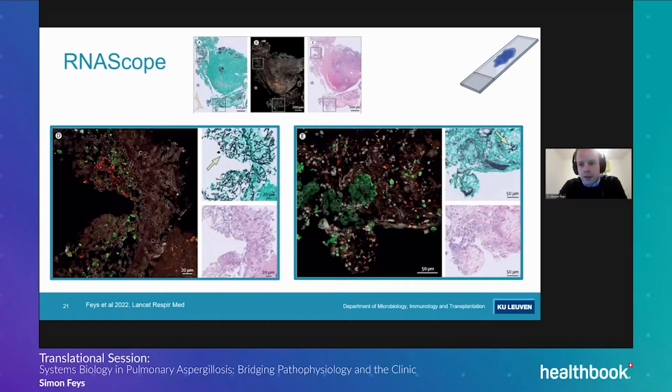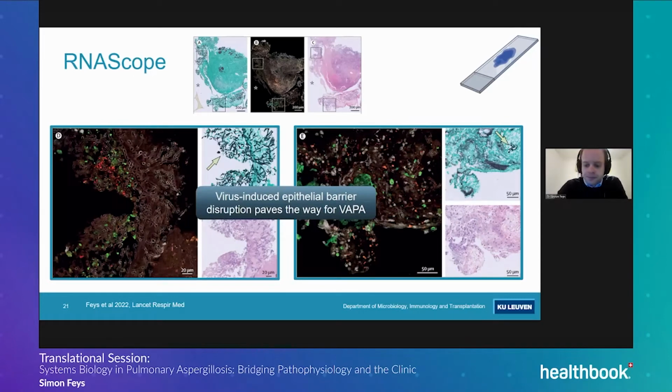And strikingly, in this biopsy, in all places where we could visualize the SARS-CoV-2 RNA, those were the places where the Aspergillus hyphae were invading the tissue. So this strengthens the hypothesis that virus-induced epithelial barrier disruption paves the way for VAPA.